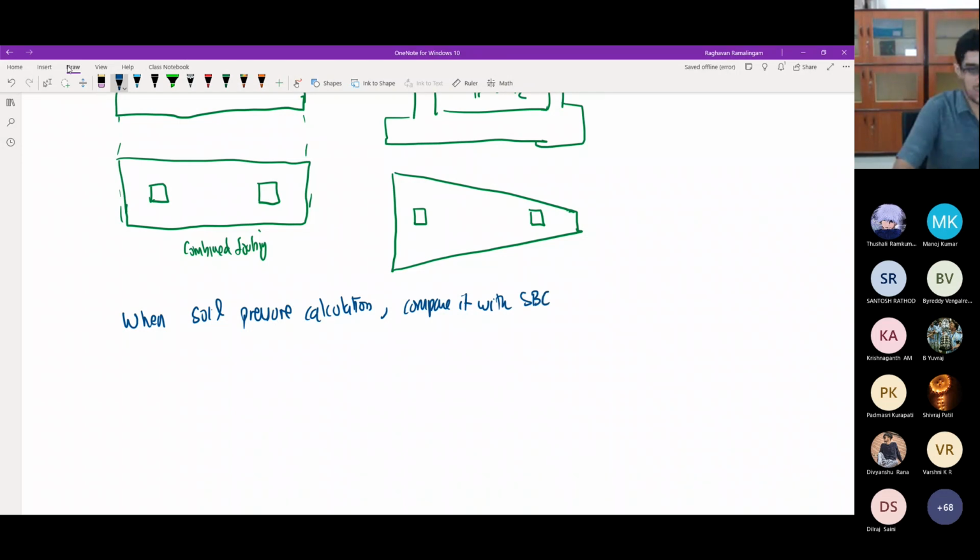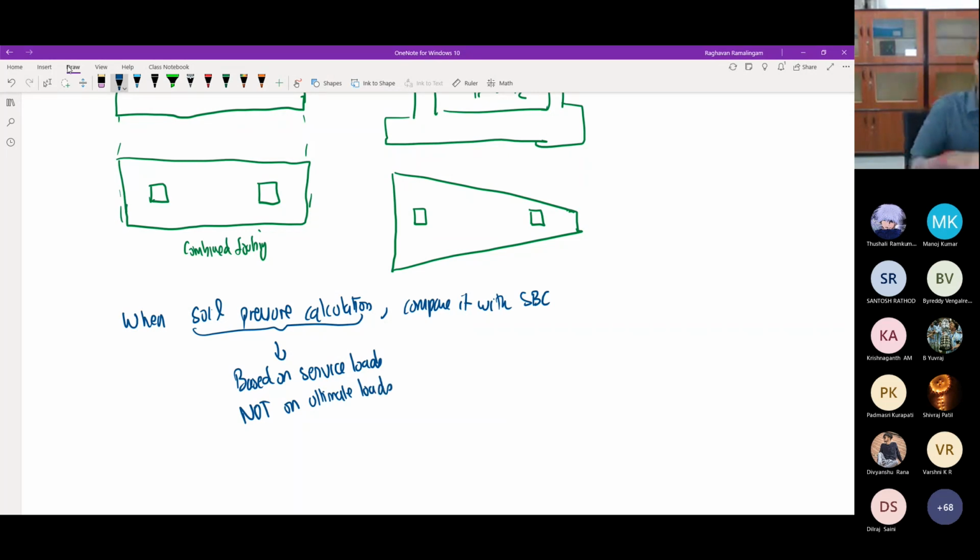So when actually doing this soil pressure calculation, there is one important point you should remember: this soil pressure calculation should be based on service loads, not on ultimate loads. Okay, now what is the difference?